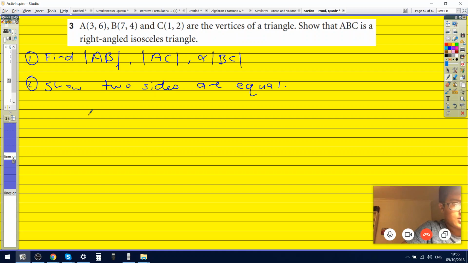Could you do it without finding gradients? We've already found the length of all three sides. I can't really see how. Length of all three sides, right angled triangle?